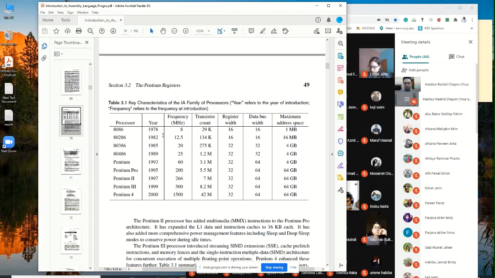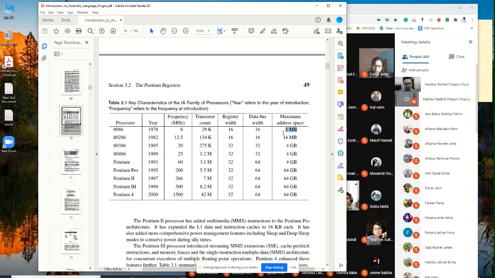For that reason, the maximum memory of this 8086 processor is 2 to the power 20, which is more or less 1 megabyte. So the maximum memory of the 8086 is 1 megabyte. Until now, there is no problem.